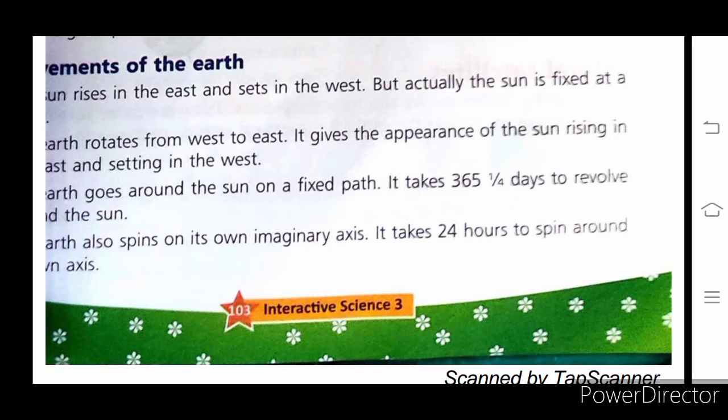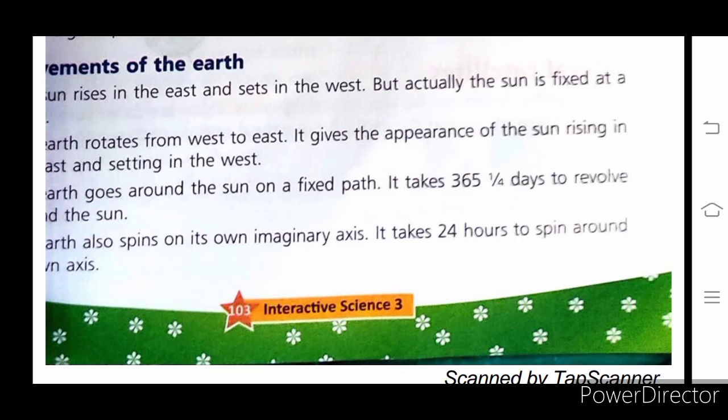The earth not only revolves around the sun, but it also goes around its own axis, and for that it takes 24 hours. Okay, now it is clear, children. The earth goes around the sun on a fixed path. For that it takes 365 days.